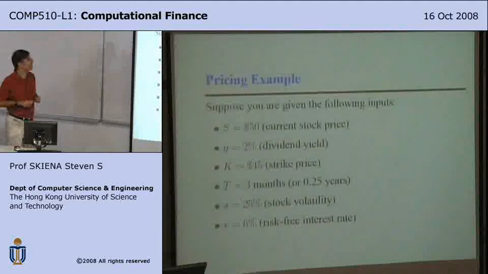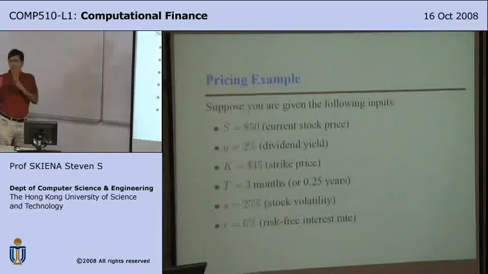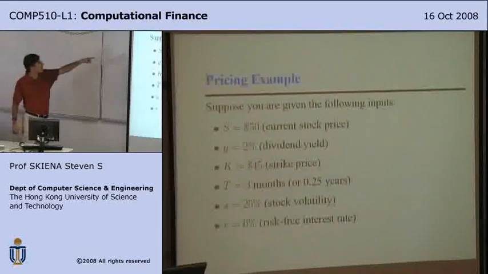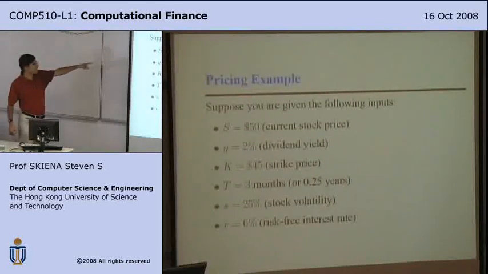So here is an example, since you have to do this on your programming assignment. Let's just go through and take an example of this. Here again are a set of parameters for what you need. The strike price and the starting price are both in dollars.